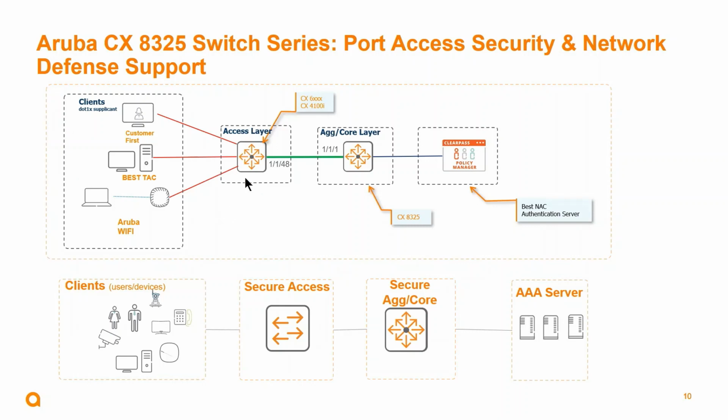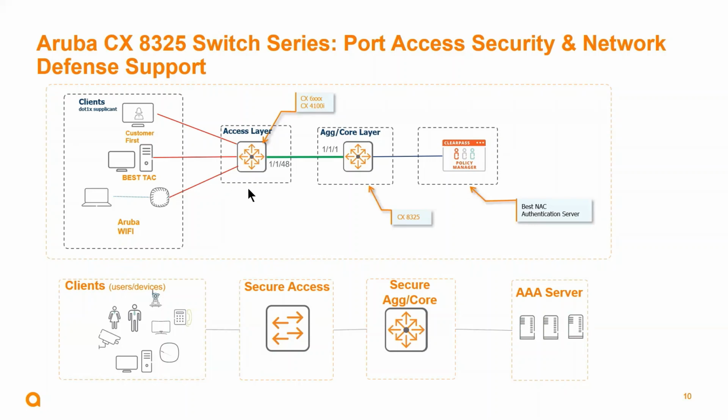So we all know in the access layer, we can have endpoints connected, and these access switches are already enabled with port access and network defense security features. So with the addition of security in our aggregation layer, like our 8325 when placed in our aggregation layer or in core layer, they make sure only authenticated access switches can connect to this aggregation or core layer. So we are adding additional capability of security in aggregation and core layer apart from the security we add in the access layer. The end clients, once they are connected to the access switches, will get authenticated by the access switches.